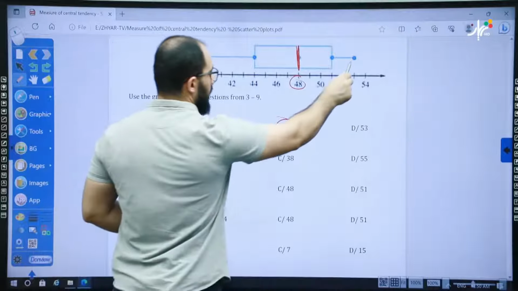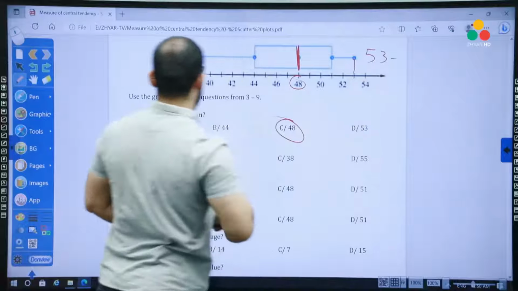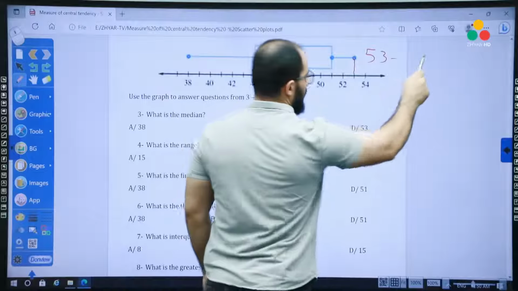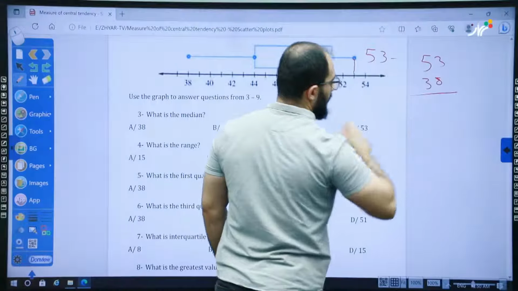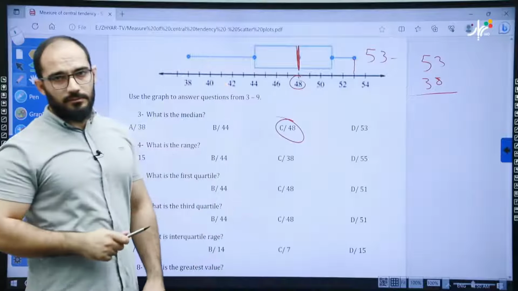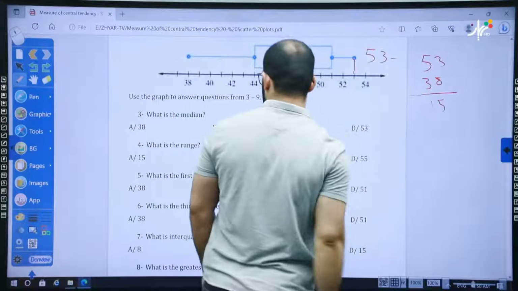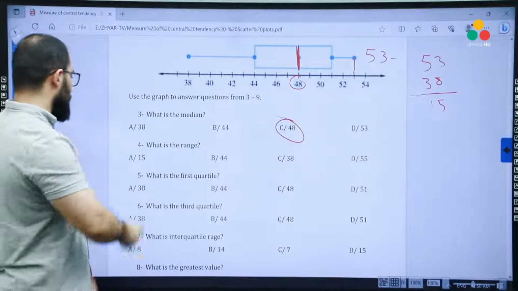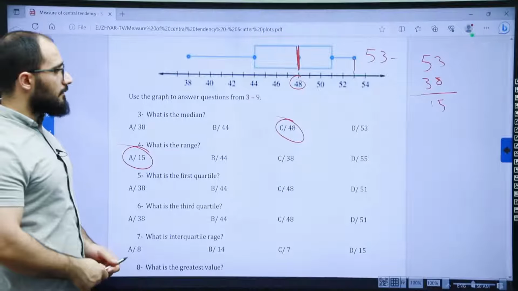So here, the range is 53 minus 38, because the least data is 38. So the range is going to be 15, because 53 minus 38 is 15.